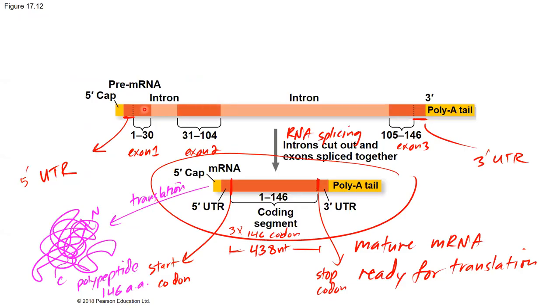This pre-mRNA does not contain a continuous coding sequence, because the coding sequences in exons 1, 2, and 3 are interrupted by non-coding intronic sequences. After RNA splicing, we have a continuous coding region.